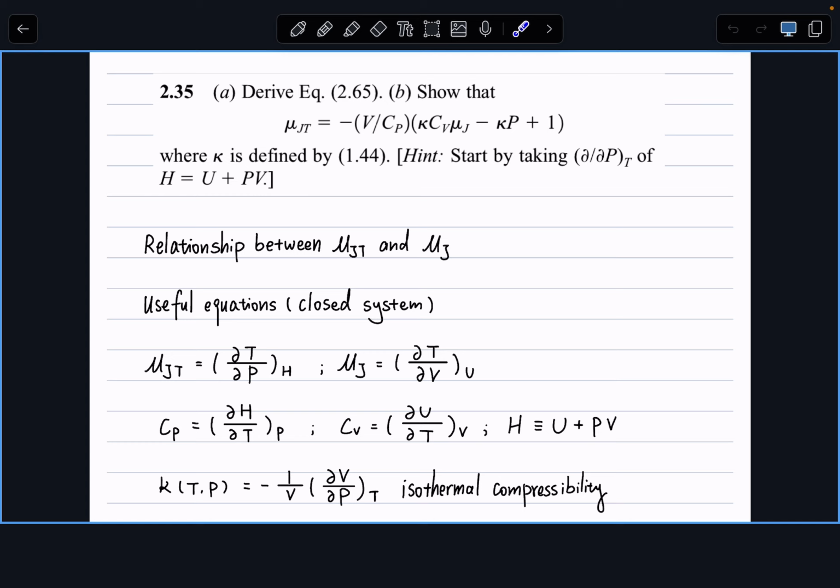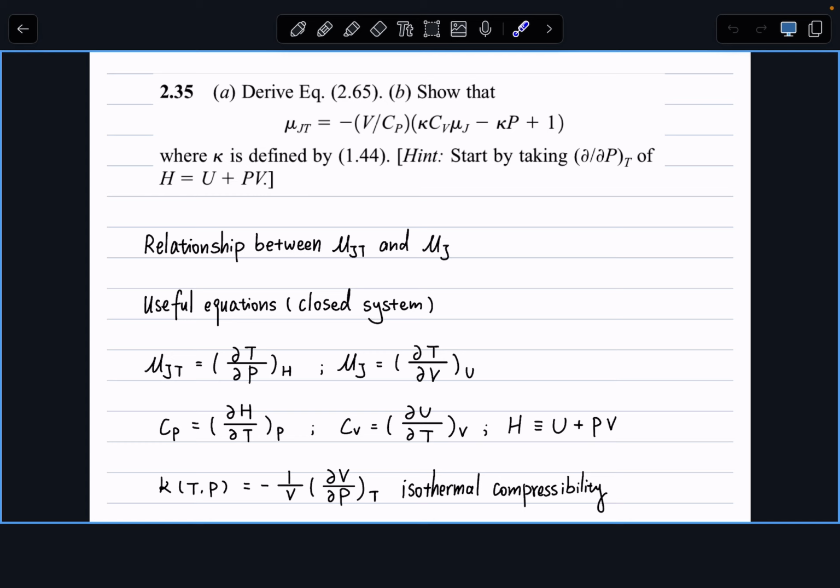Some of them are like d(x plus y) equals dx plus dy, or d(xy) equals x dy plus y dx. So basic calculus, that's how we get to this expression.